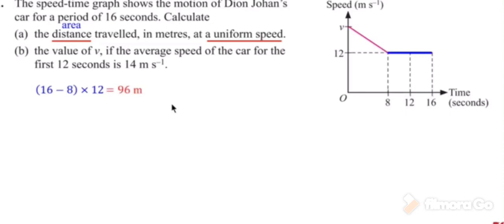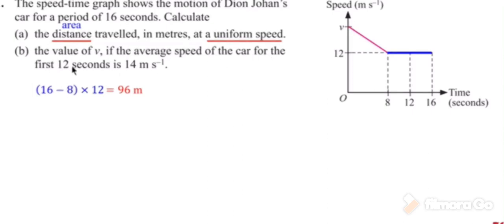Now let's discuss question B. Find the value of V if the average speed of the car for the first 12 seconds is 14 meters per second.